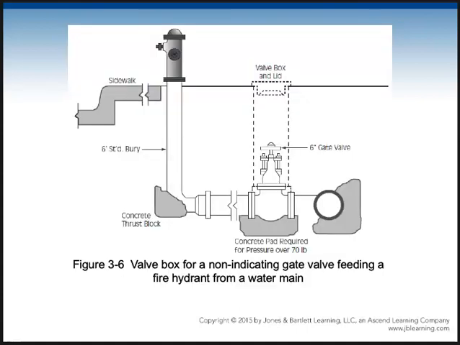So if you look here at a fire hydrant that's on a street, see the thrust block where the water goes up to the hydrant, a thrust block where the valve is, and a thrust block where the water is turning from the street and going towards the hydrant.